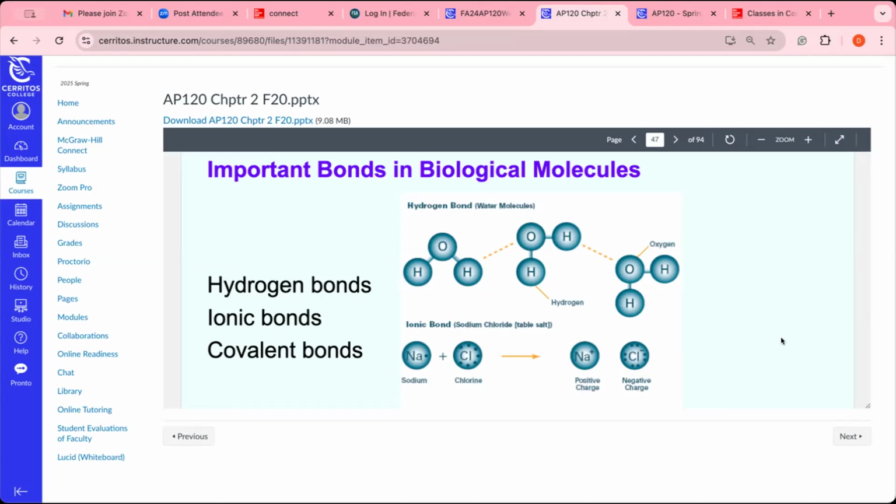A common ionic bond is table salt. You've got sodium chloride. This is a positively charged sodium with a negatively charged chlorine molecule. You bond them together, you get table salt, okay? That's an ionic bond.